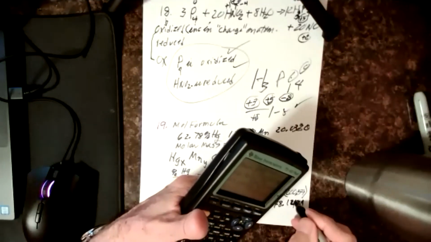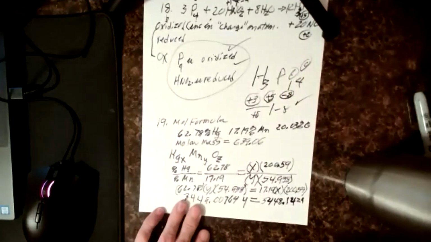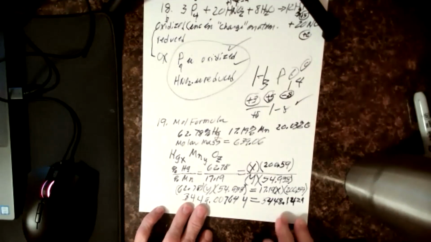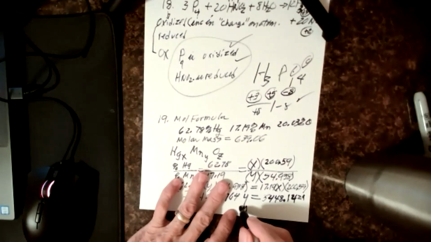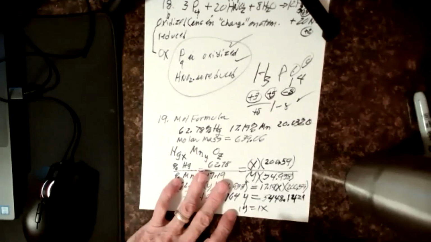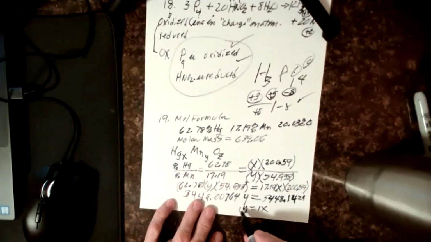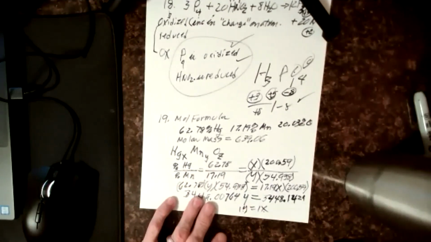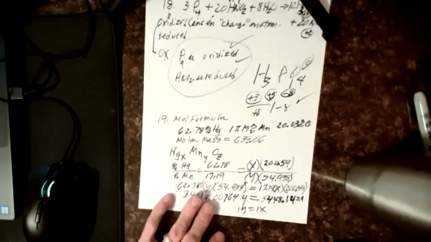Almost transpose those digits. Okay, so 3449, 3448, essentially 1y equals 1x. So x is 1 and y is 1. Okay, let's hold that thought.